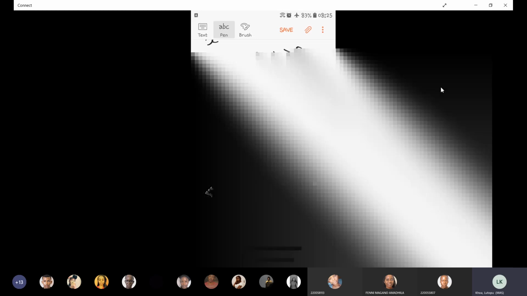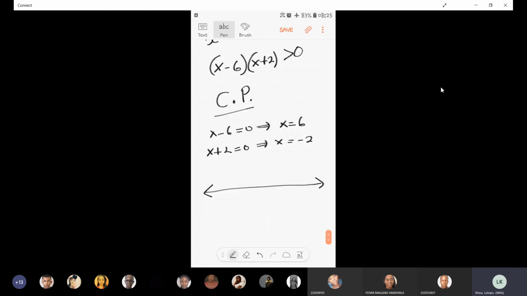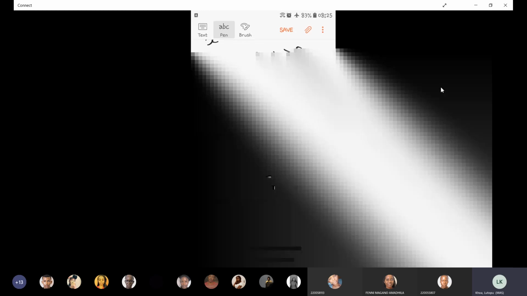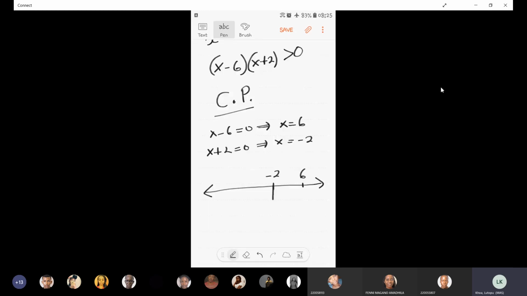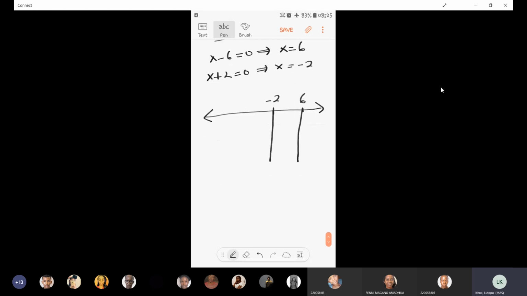Then draw your sign table. You put your values. I have 6 over there. I have minus 2 over there. Then you extend your sign number line to form a sign table. Then you have x minus 6, and then you have x plus 2.